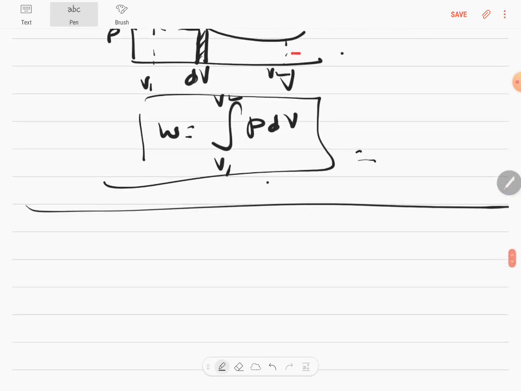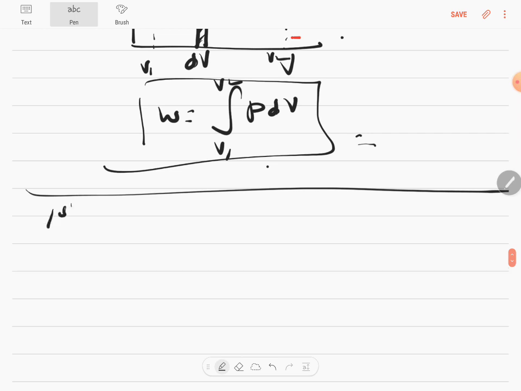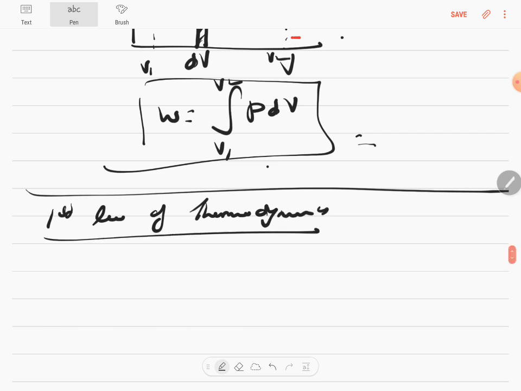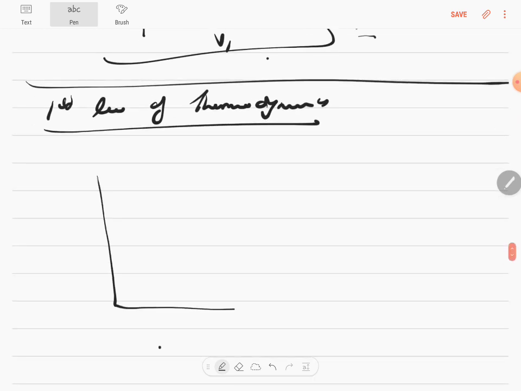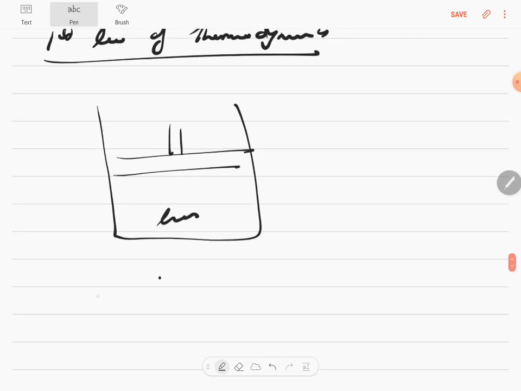So now comes the first law of thermodynamics. What is the first law? Take a piston inside which there is gas, and imagine heat. Don't say heat is supplied, instead say heat is absorbed by the system.